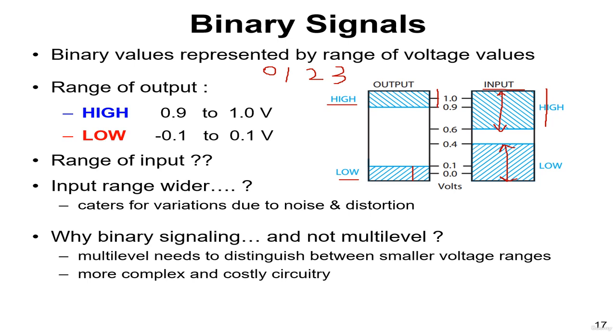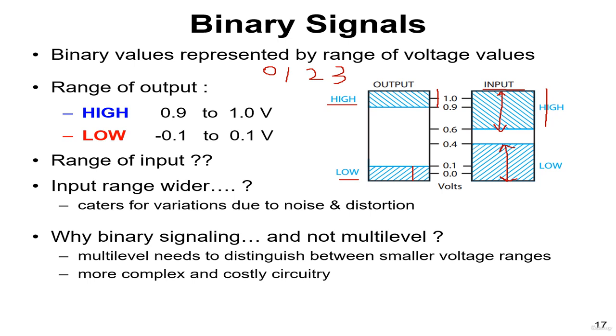Once we use multi-level signaling, the systems need to be more efficient, and they become more complex since they need to distinguish between smaller voltage ranges. Since we have multiple ranges, the individual window for each signal is going to shrink, and in order to recognize the level correctly, the system needs to be complex. This complexity would translate into the cost of the system.